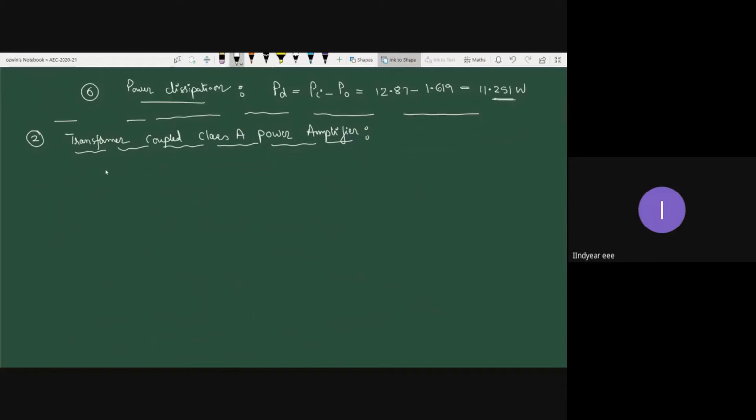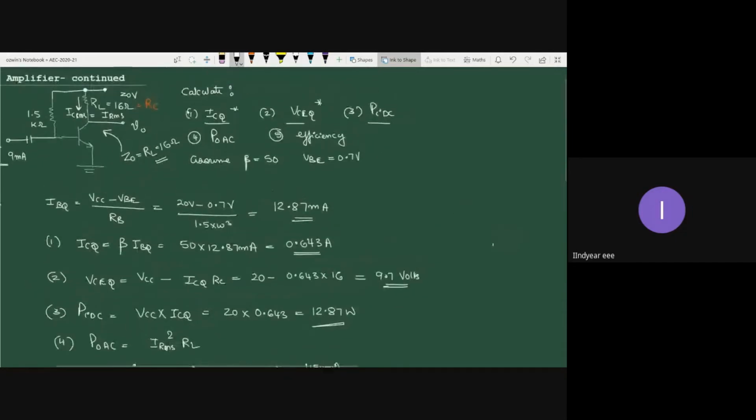Now let me give an example. Refer to the circuit above, the previous problem circuit.